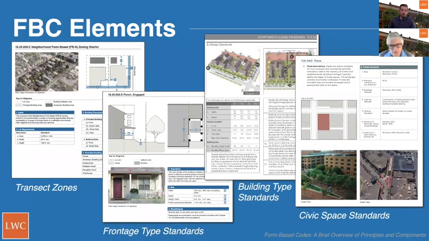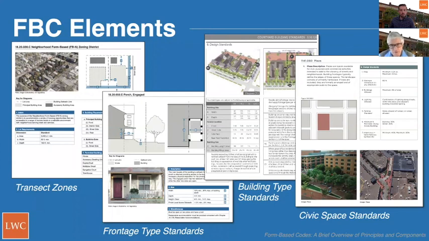So here are some sample pages of some different form-based codes. You can see on the left-hand side, we were introducing a transect zone that we're calling the neighborhood form-based zoning district, or the neighborhood transect zone. We always include an intent statement and then establish lot standards, building placement standards, the different building types that might be permitted.